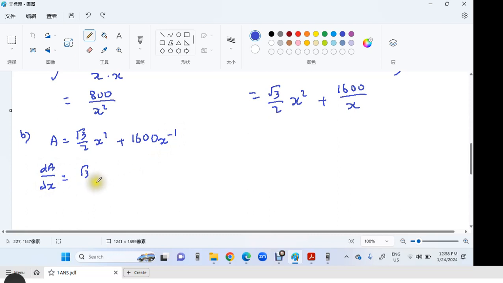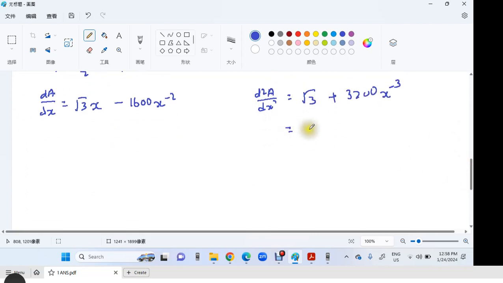It will be square root 3 x minus 1600 x to the power negative 2. Then the second derivative will be square root 3 plus 3200 x to the power negative 3.